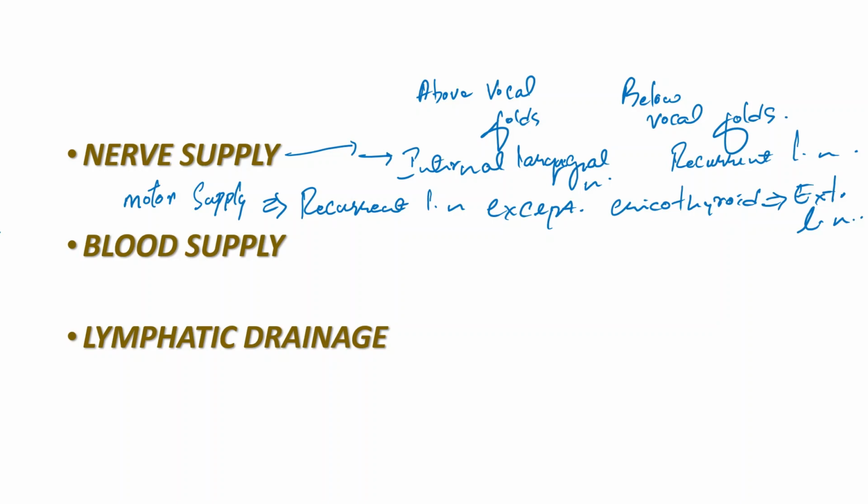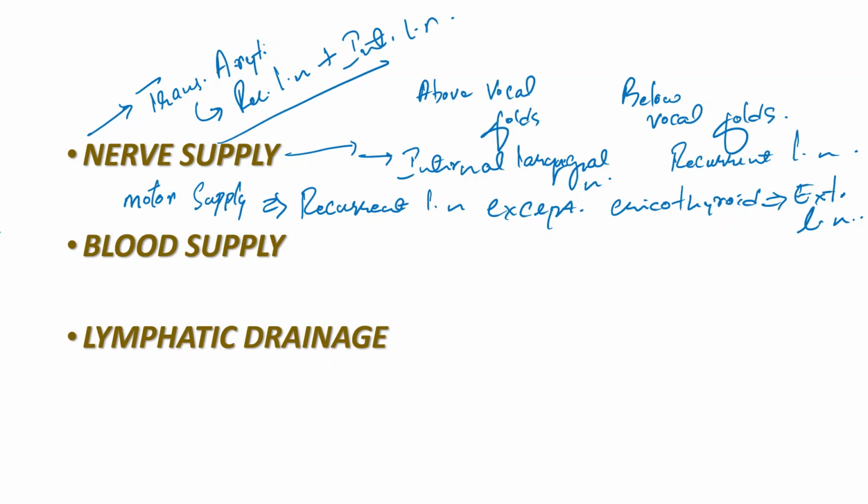There is a muscle that is the only unpaired muscle of the larynx, which is the transverse arytenoid. This transverse arytenoid muscle has a dual nerve supply, from the recurrent laryngeal nerve and also the internal laryngeal nerve.